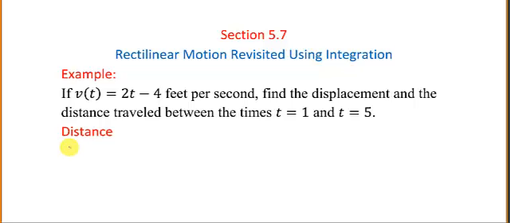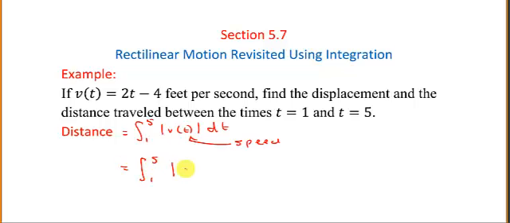So to get the distance traveled, I'll have to integrate, in this case on the interval from 1 to 5, not velocity, but the absolute value of velocity. I'm integrating speed. And that will be the integral from 1 to 5 of the absolute value of 2t minus 4 dt.